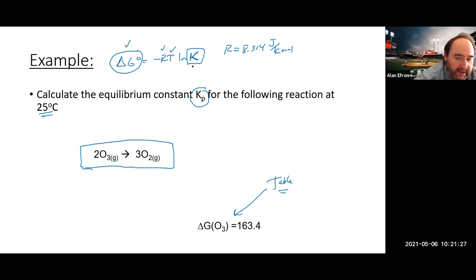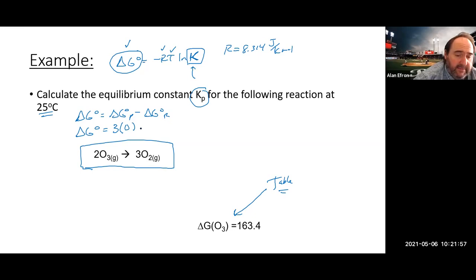Once I do that, then I pretty much have everything I need to solve for K. So our delta G naught here would be our products minus our reactants. Going to the table, our delta G naught would be our products, which is 3 times O2's value from the table.